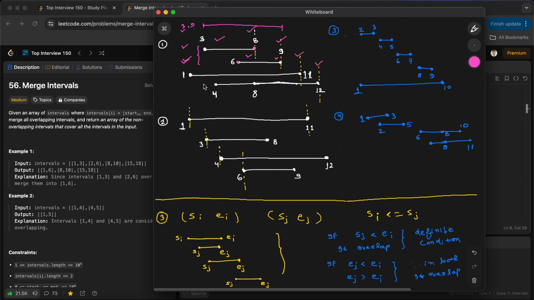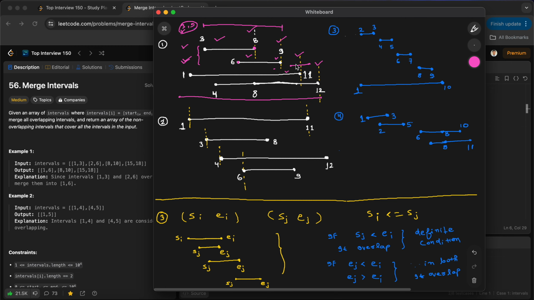Why? Because maybe after that we get some point which overlaps from here to here, and then our interval will change. So in that case, suppose I store this interval, and after that I get some in-between interval that is not overlapping.